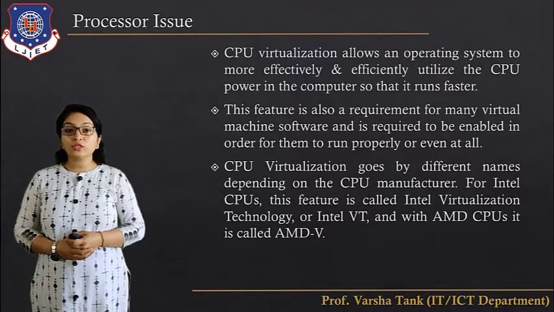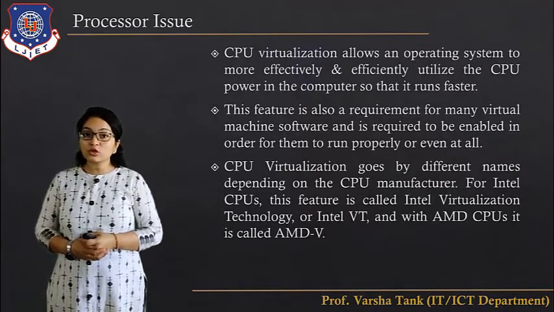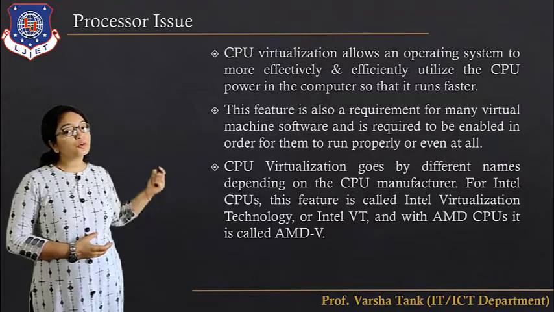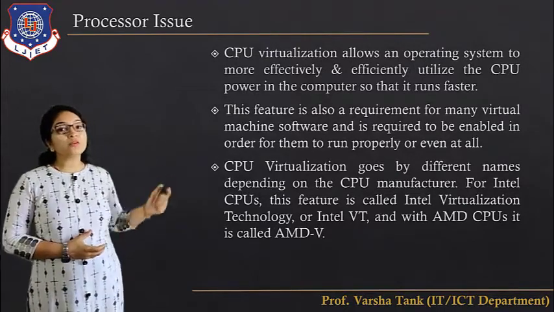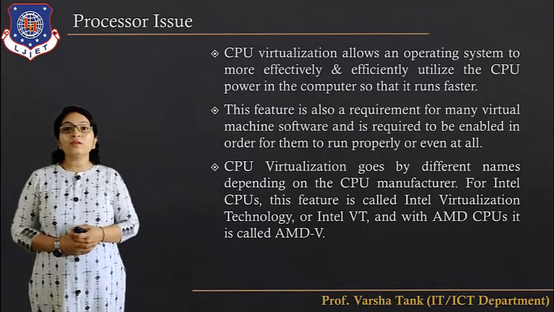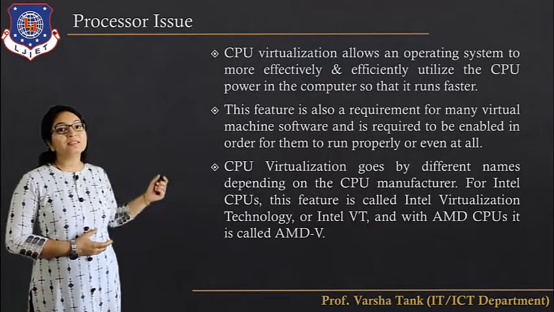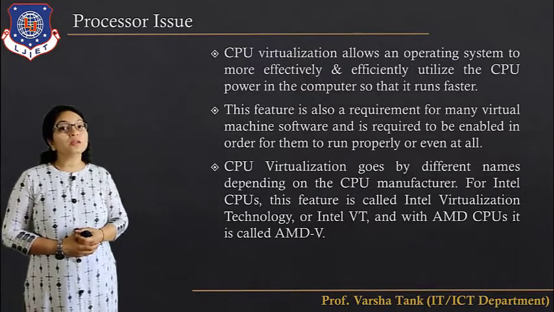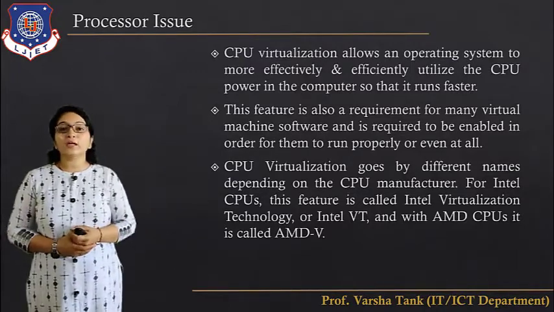Because we have the virtual operating system as well as the host operating system, and if there is a single processor, then it should divide all the loads. So this feature is also a requirement for many virtual machine software and is required to be enabled in order for them to run properly or even at all.